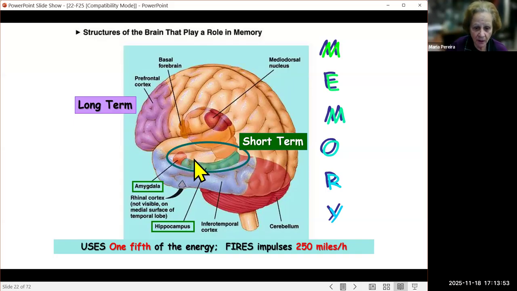Okay, so the green part is the hippocampus, the red is amygdala, and this is where short-term memory resides. So that means things that happen and we remember, but then we forget after tomorrow or after 10 minutes or whatever. But solid memory, long-term memory, involves the prefrontal cortex. And so how can this happen? The concept of short-term memory and long-term memory.